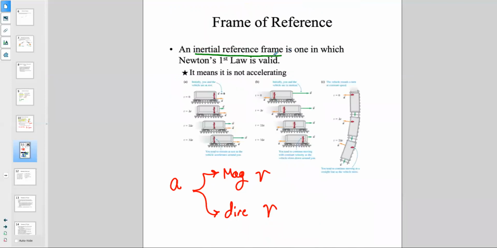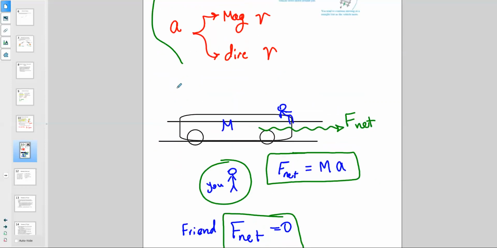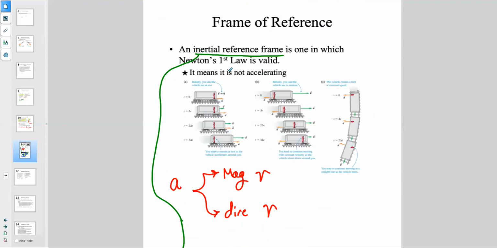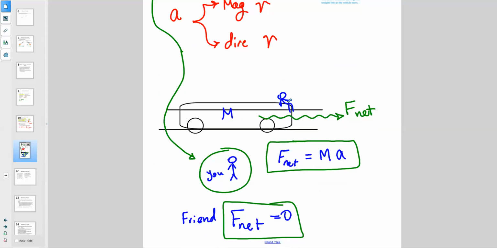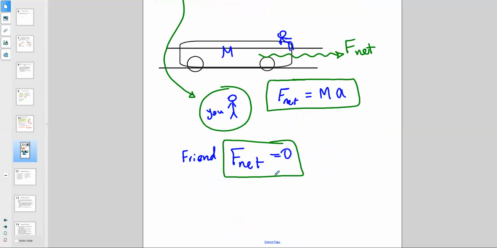It's you sitting out here, not moving, not accelerating. For your friend, who is up there, Newton's second law, which is looking like this, is not valid. If you want to make it valid, you have to consider another type of force.